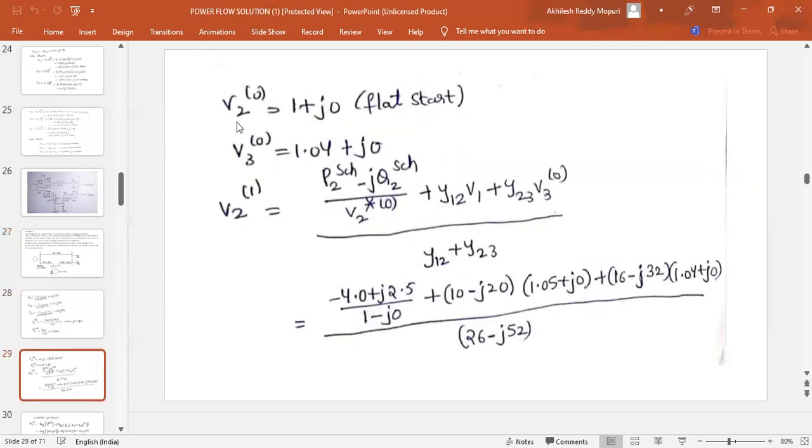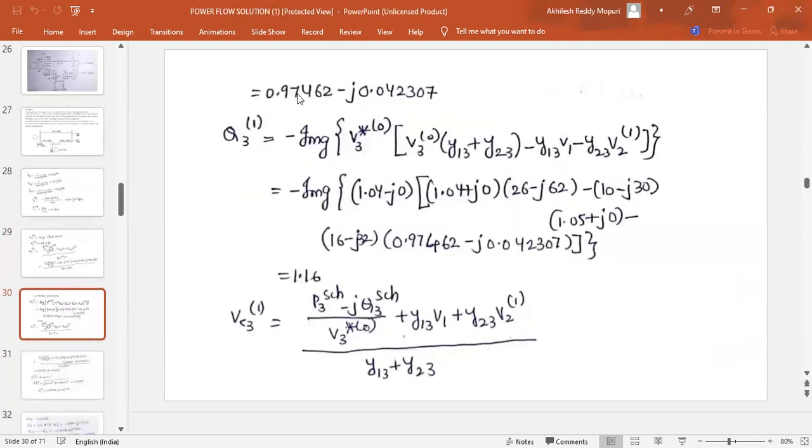Now, since V2 is a PQ bus, assuming flat start voltage, and V3 is a PV bus, they had given 1.04. I am finding the voltage at the second bus. Now I got V2. After getting V2, if I convert this into polar form, I will be getting V2 and del 2. So the second bus part is completed.